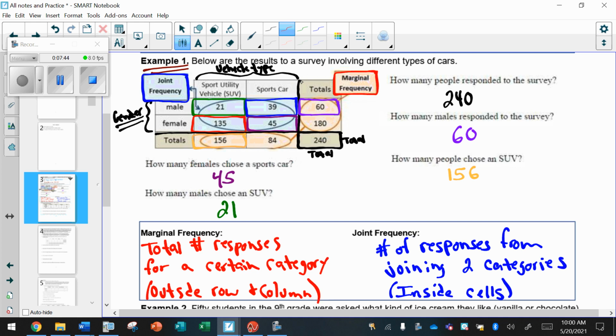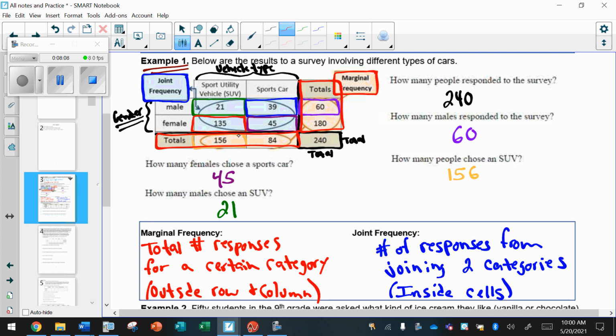So our margins, like the margins of your paper, are marginal frequencies around the outsides, and the joint frequency, joining the two different categories together, would be on the inside cells. So your inside cells add up to equal the marginal frequencies, sideways and vertically.